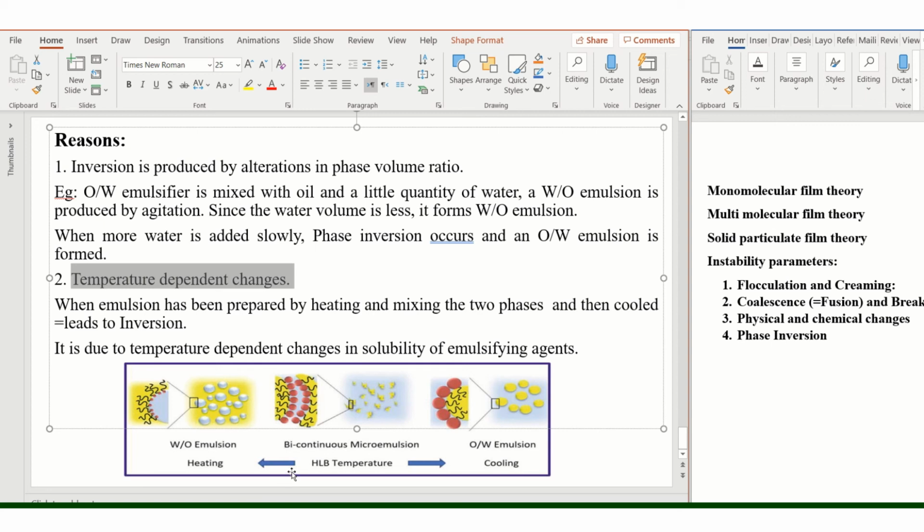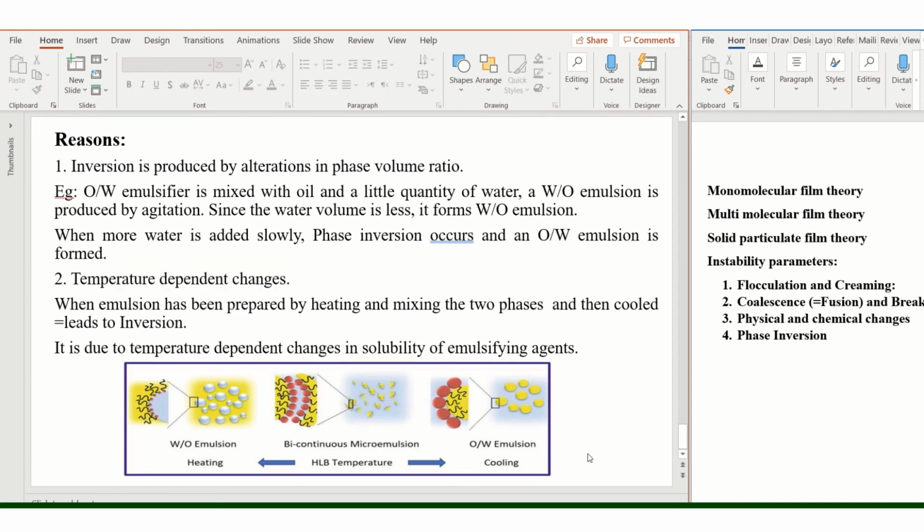The aqueous phase evaporates and diminishes in quantity. So as the temperature is increased, the aqueous phase gets evaporated and the water phase is reduced, and that will cause an alteration in the phase volume ratio, and of course there will be inversion. That is how phase inversion occurs.